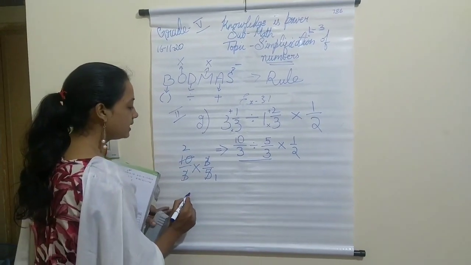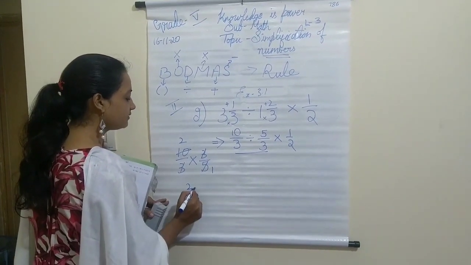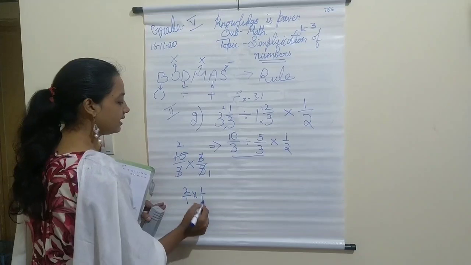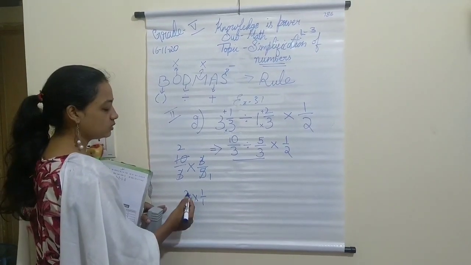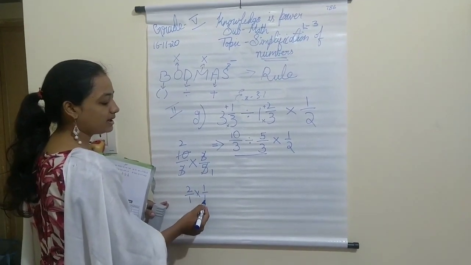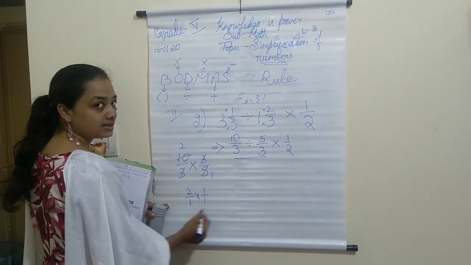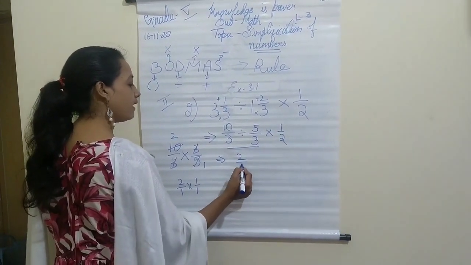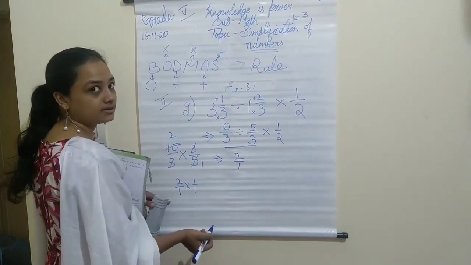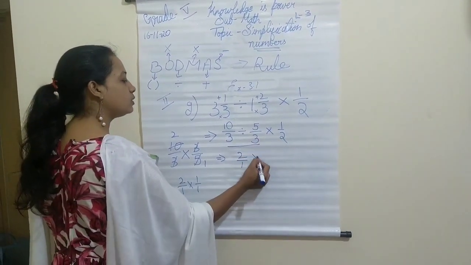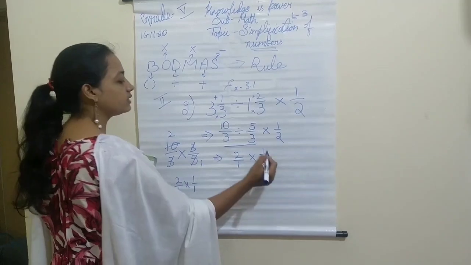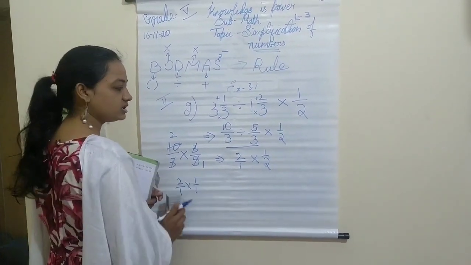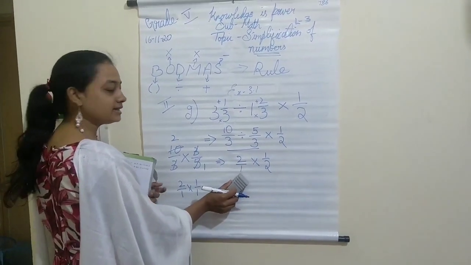After cancelling, I have 2 by 1 into 1 by 1. When I multiply these numbers, I get 2 by 1 as my answer. Now what is the leftover number here? 1 by 2. So I finished this division. I got the answer here.